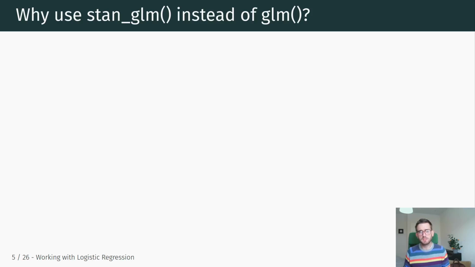The way we can get around this problem using Stan and the Bayesian framework is that we incorporate priors. When we use default priors, these are just weakly informative priors, so we don't incorporate any theoretical information about what we believe the coefficient for a certain predictor should be.